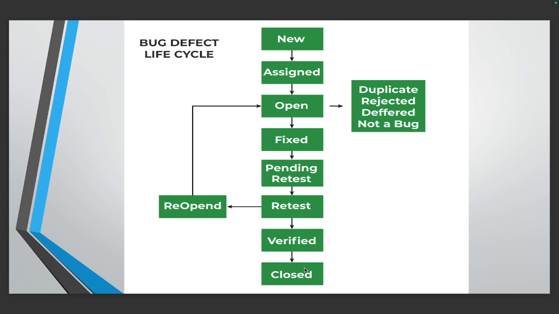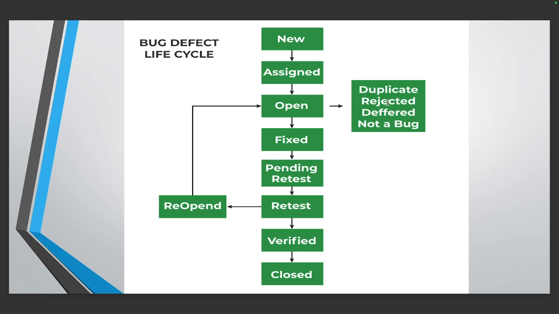Okay, let's go now to rejected. If the developer team rejects a defect, because they feel that the defect is not a genuine defect, then they mark the status as rejected.